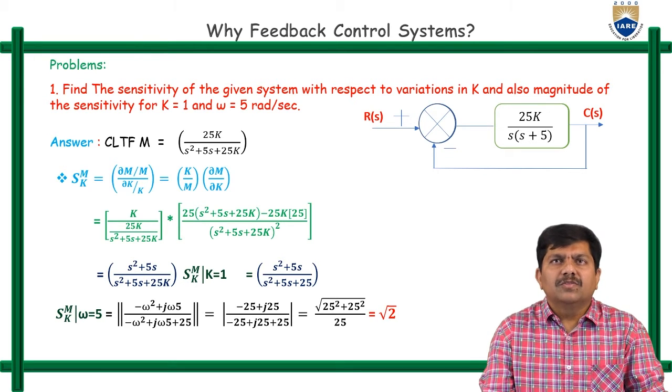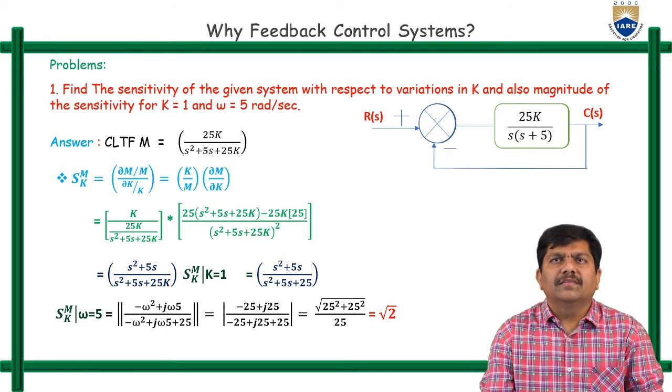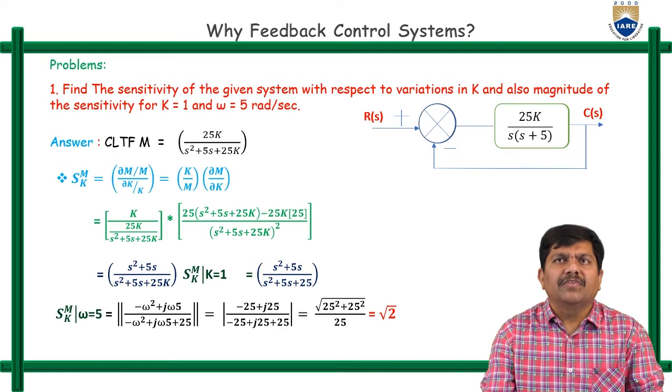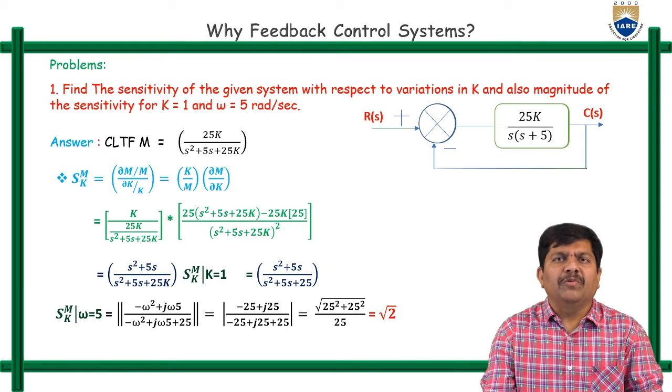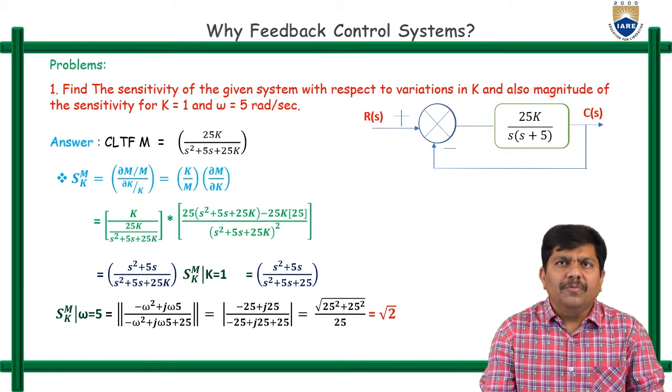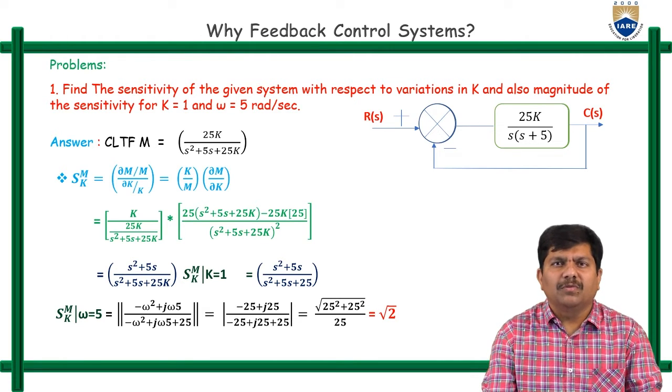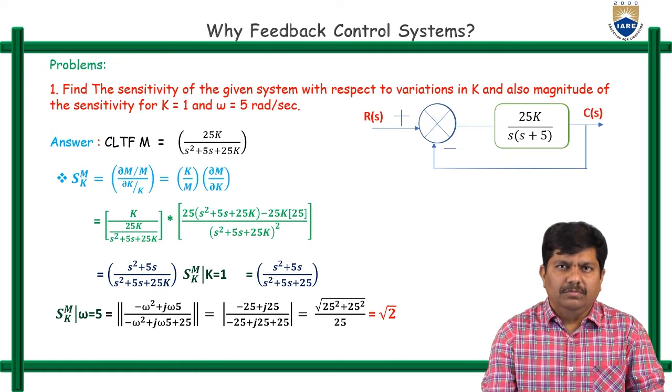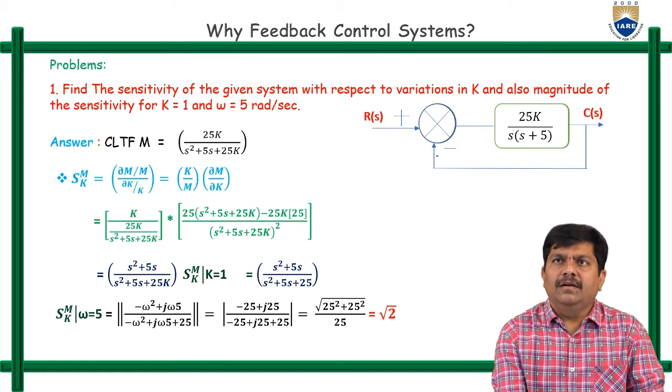So first the problem is: find the sensitivity of a given system with respect to variations in k, and also the magnitude of the sensitivity for k is equal to 1 and omega is equal to 5 radians per second. In this problem, clearly the closed loop control system is given, that is R, and the feedback is negative, a unity feedback system.